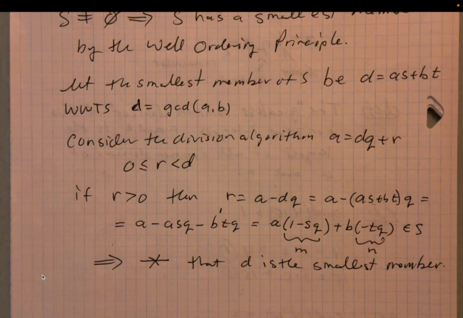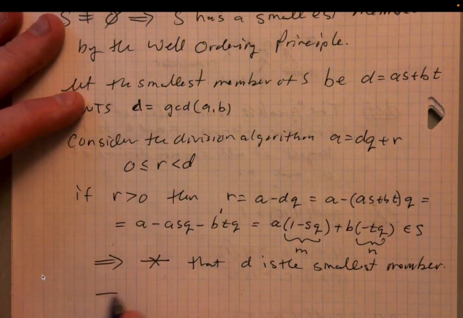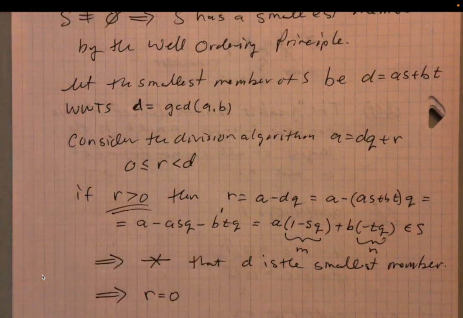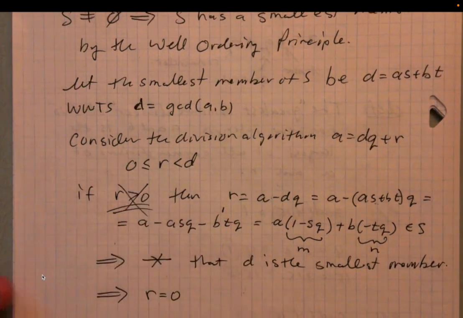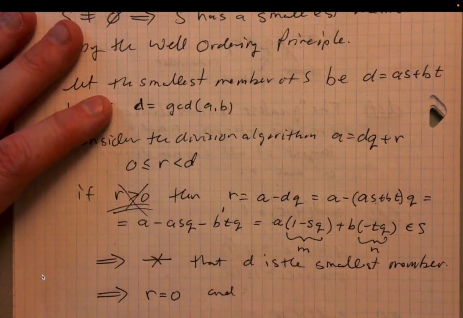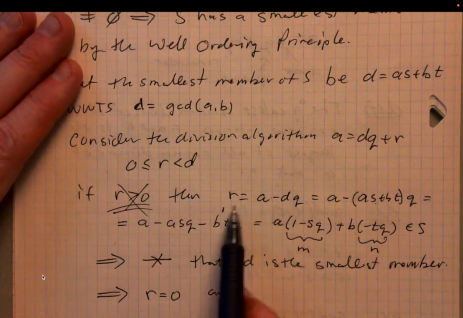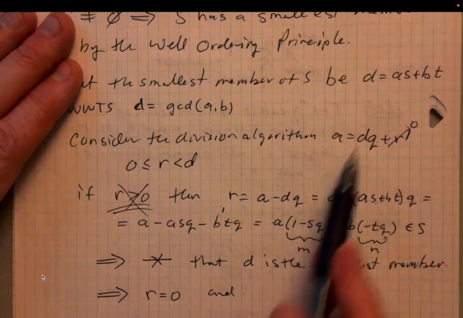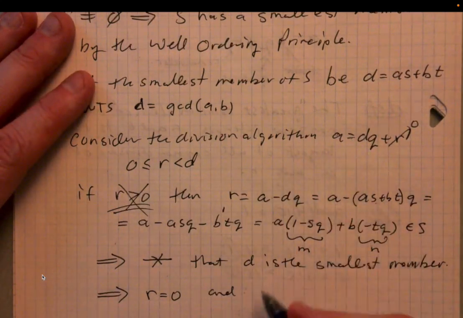So what does that mean? It means that r must be equal to 0. So we overturn this and imply that r is equal to 0. And if r equals 0, then this is 0. That means d divides a.